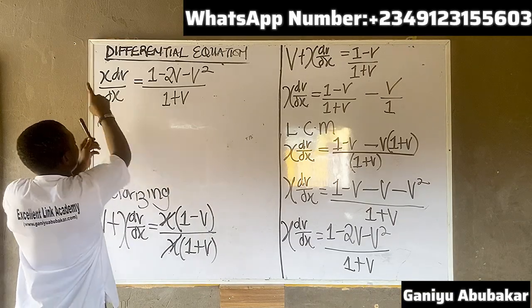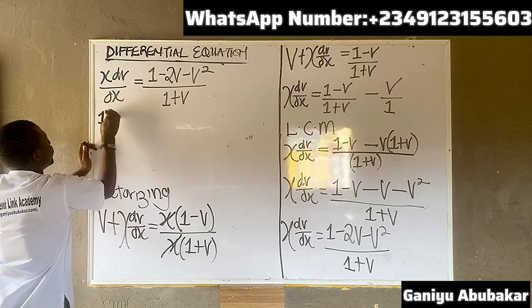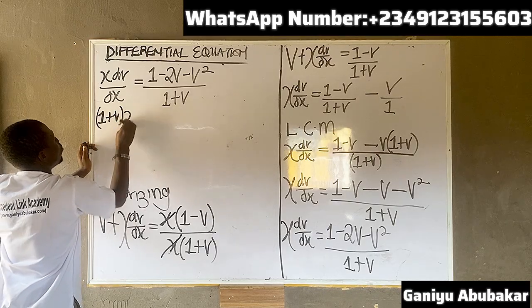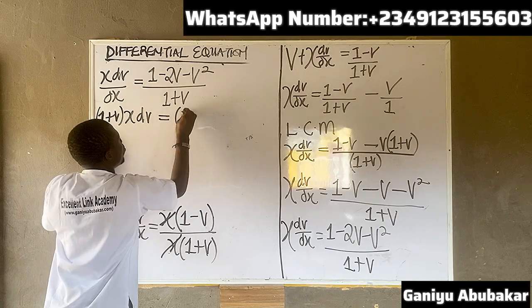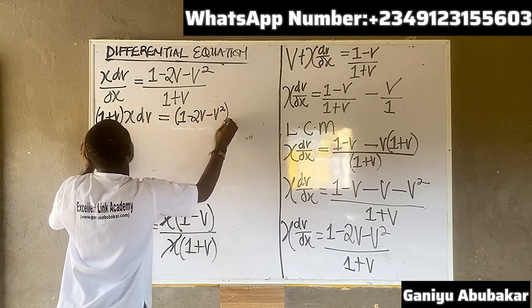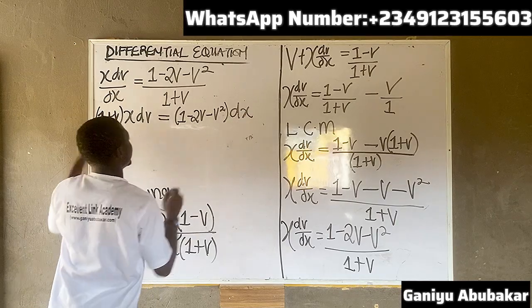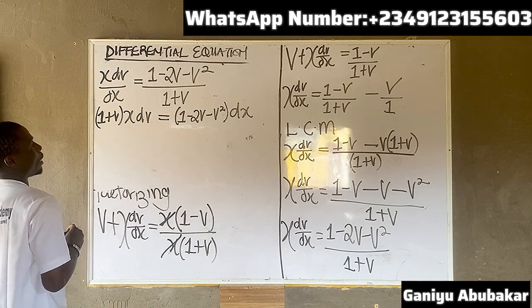So perhaps I'll multiply first. This times this gives you 1 plus v into x dv equals this times this gives you 1 minus 2v minus v squared, then I have dx. So let's move the x terms.